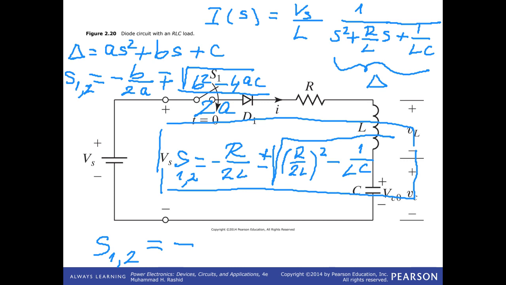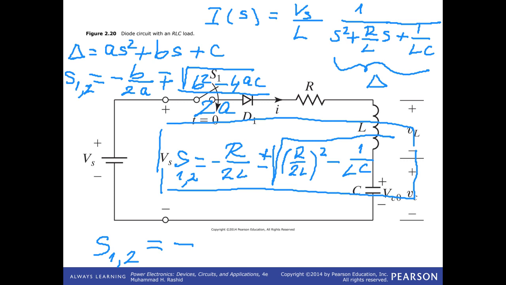How did the b square minus 4ac under the root become R over 2L squared minus 1 over LC? Check it twice. You write it down, you are going to find this one. Okay? Muhammed, it's not very difficult.